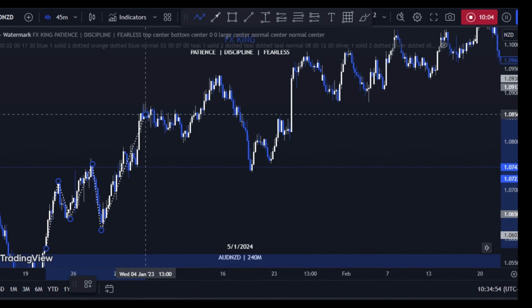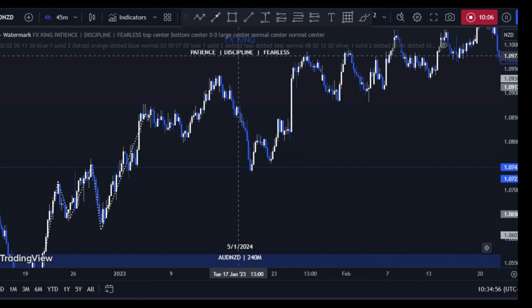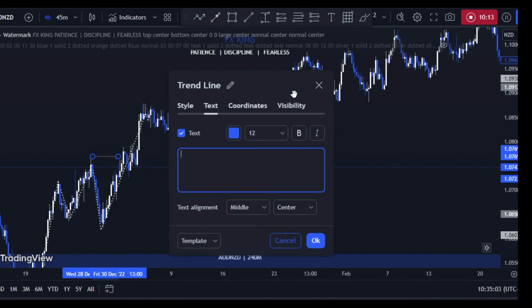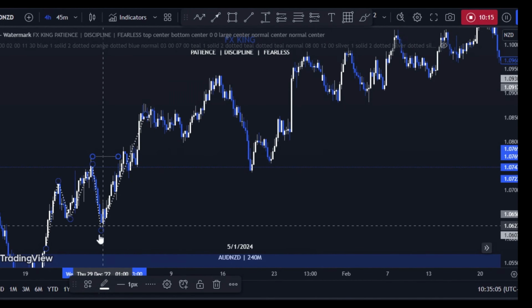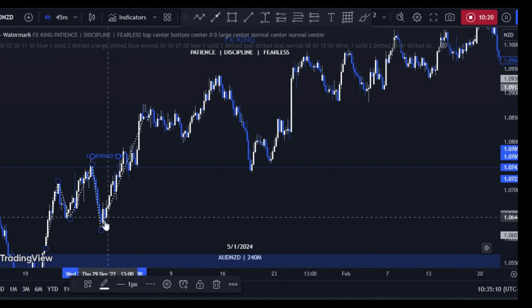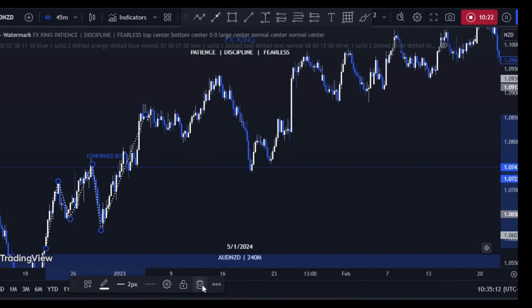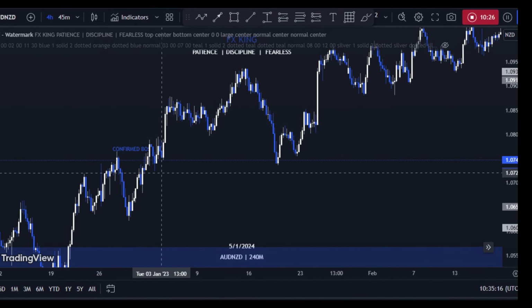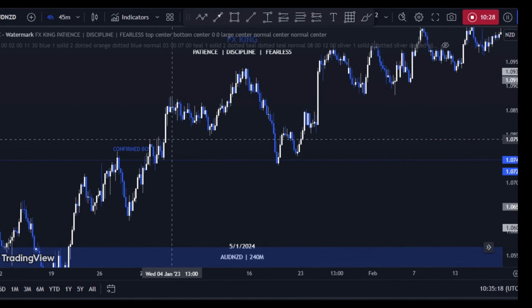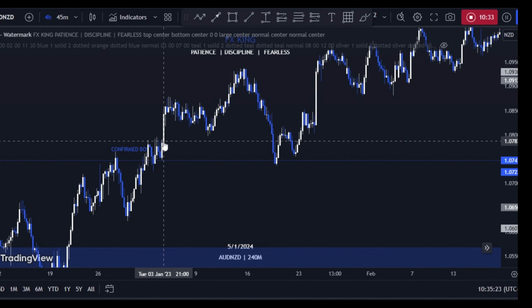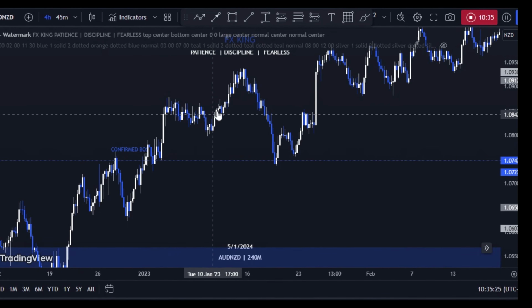When this happened here, this was now our confirmed break of structure. That is our confirmed break of structure there. Now, in this confirmed break of structure, what is next? We wait for the market to create some sort of inducement before continuing upward.